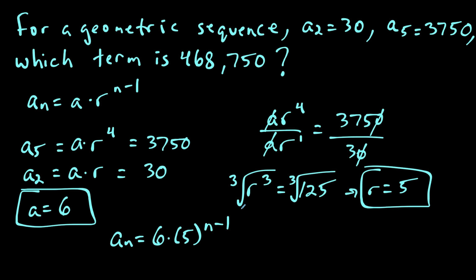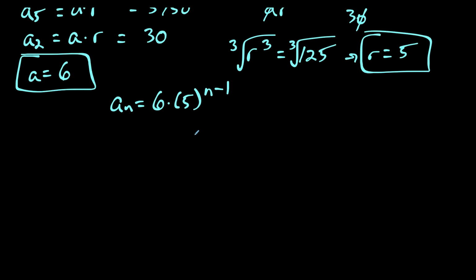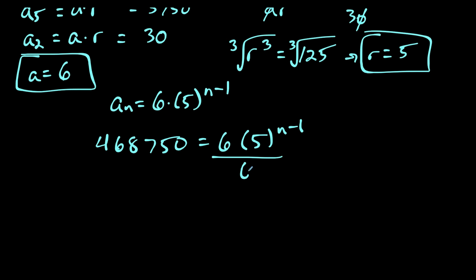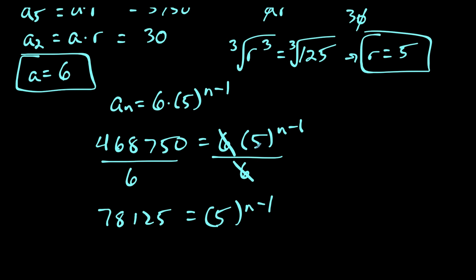Now from this step here, we want to know which term is 468,750. So at this step here, we could set 468,750 equal to 6 times 5 to the n minus 1. So now we just have to do the algebra. We could divide both sides by 6. Now there's a few ways that you could proceed from here.